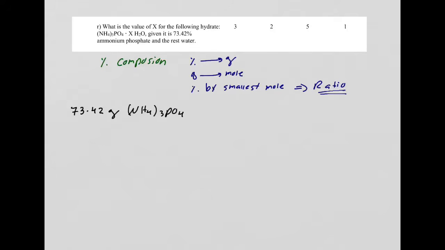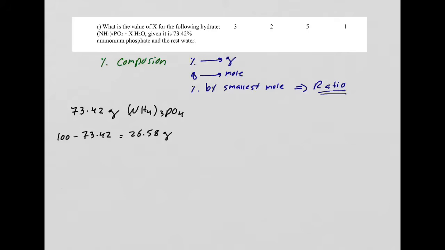Now remember, the entire thing has to be out of 100. So how much water do you have? So the water, I would have to subtract it from 100. So 100 minus 73.42 is going to give me 26.58 grams.